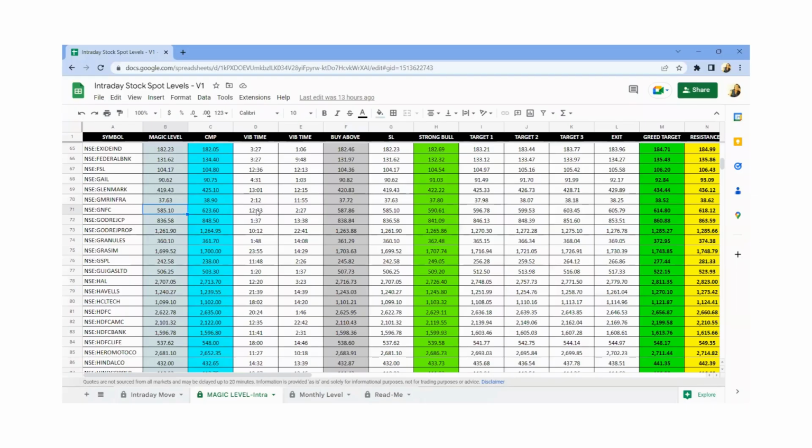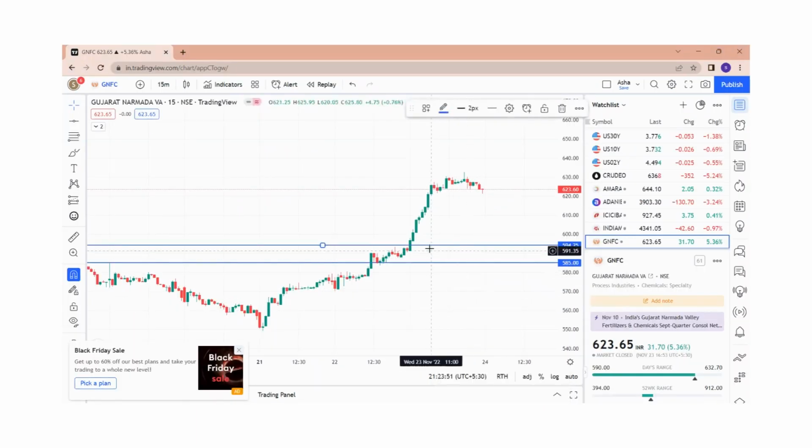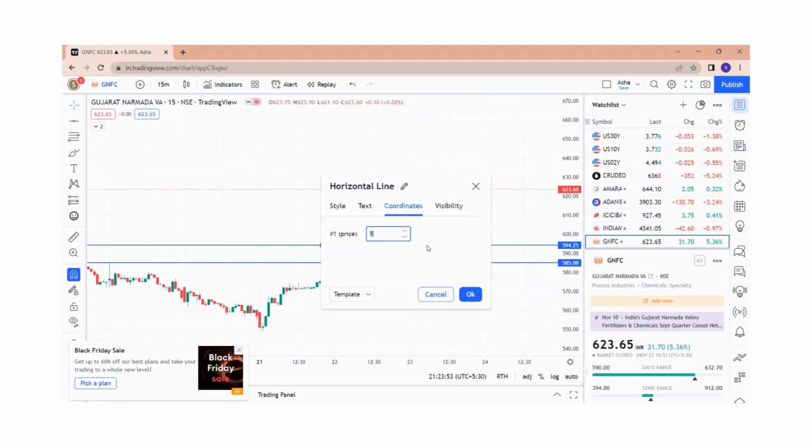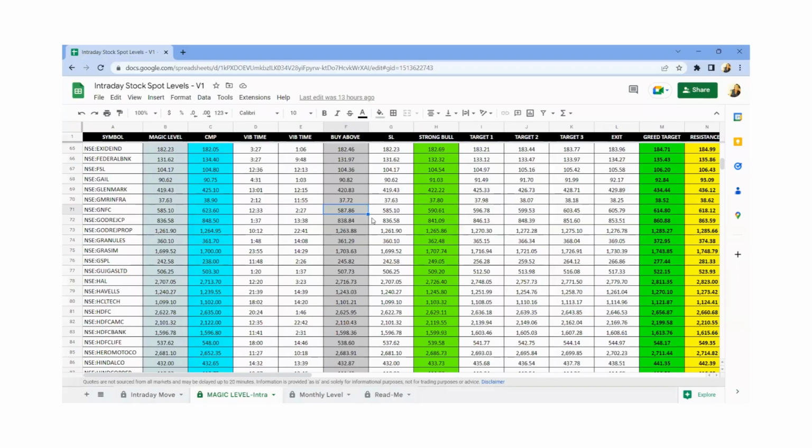After that, you see, the strong buy above bull level was 587. 587 was your buy above level, and your strong bull level was 590.